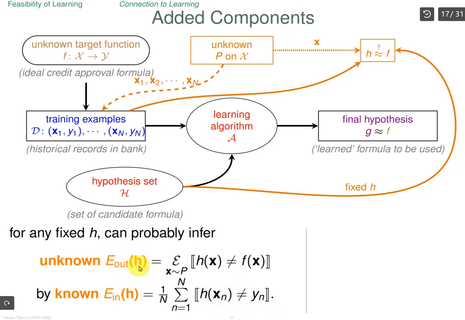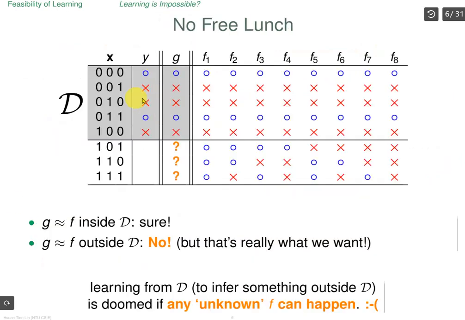Let me clarify this. As I said, out of sample error is a function that gives us the difference between the current fixed hypothesis and the target function. So let me go back to the earlier example where we talked about in sample and out of sample.